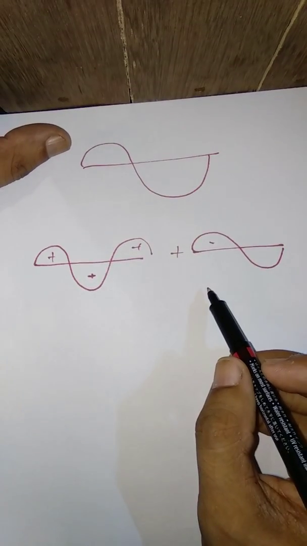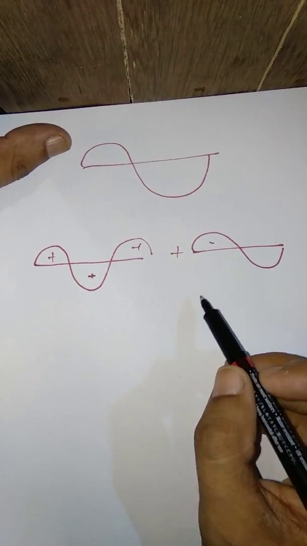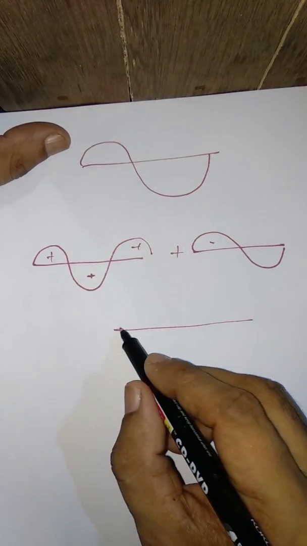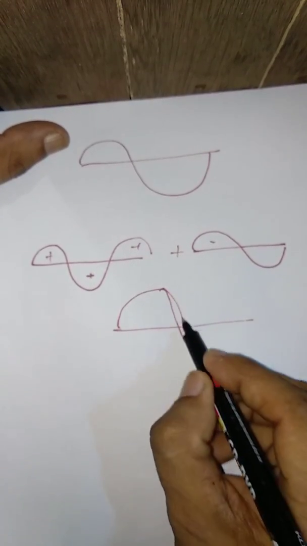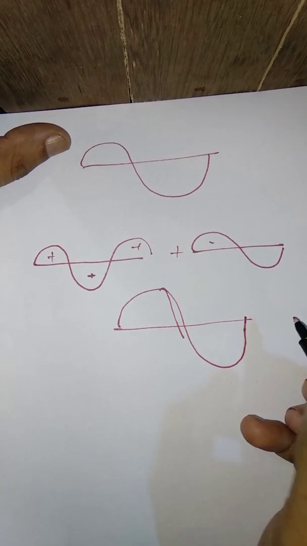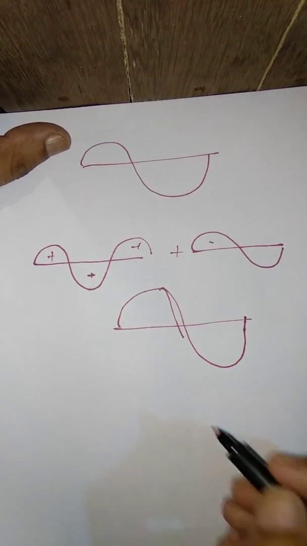If the phases are the same and they combine together, obviously their amplitude increases, and that is called constructive.